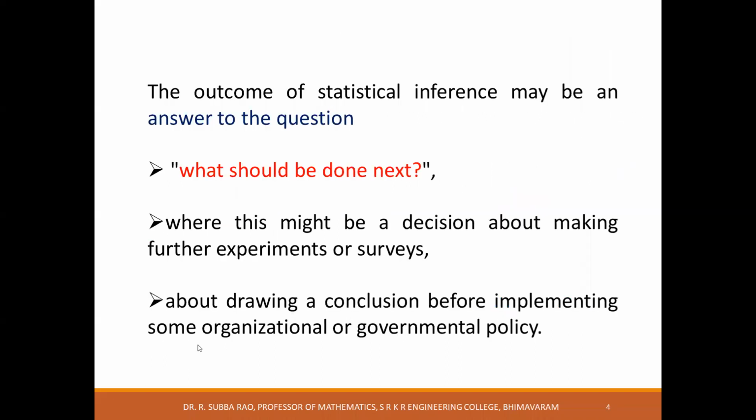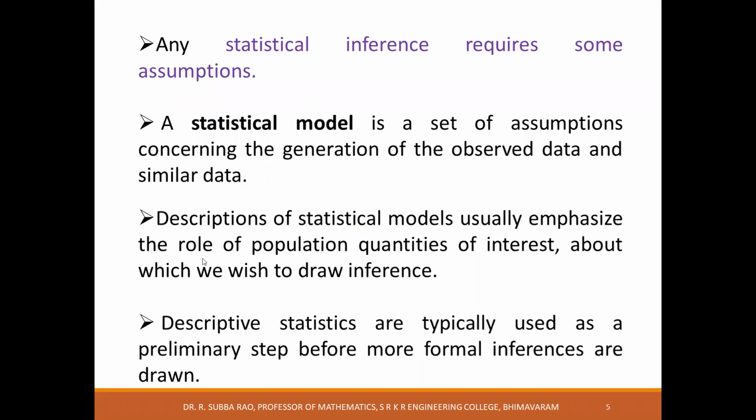Here, the outcome of statistical inference may be the answer to the question, what should be done next? This might be a decision about making further experiments or surveys, or about drawing a conclusion before implementing some organizational or governmental policy. Of course, any statistical inference requires some assumptions.